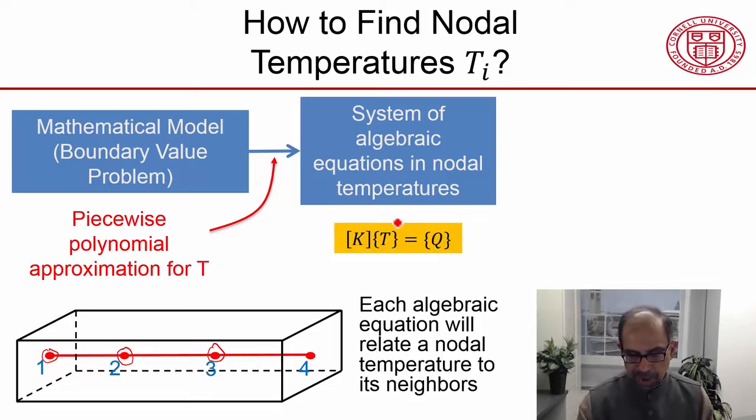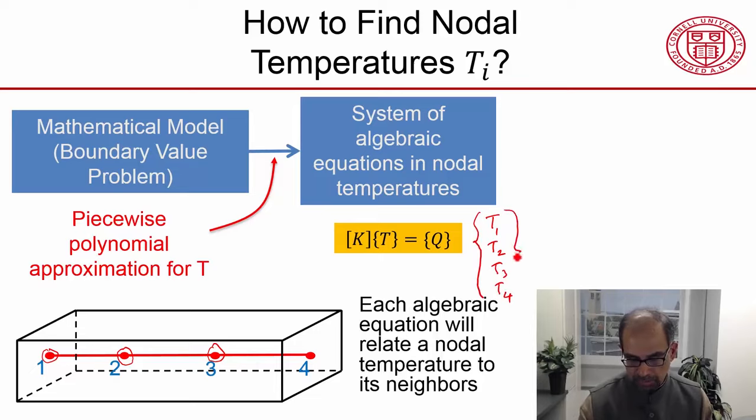And the system of algebraic equations can be written in matrix form, and usually you see this form written. T is a vector containing the nodal temperatures. So in our case, T is going to be T1, T2, T3, T4.